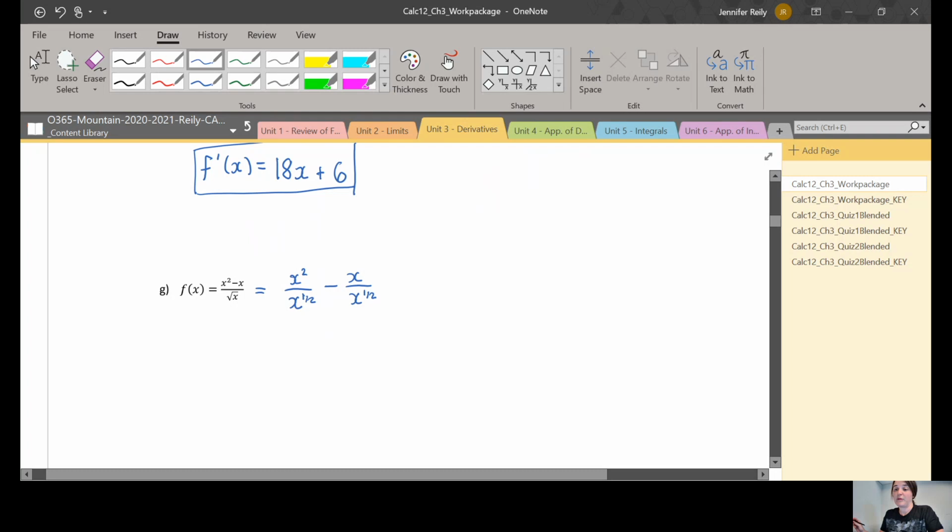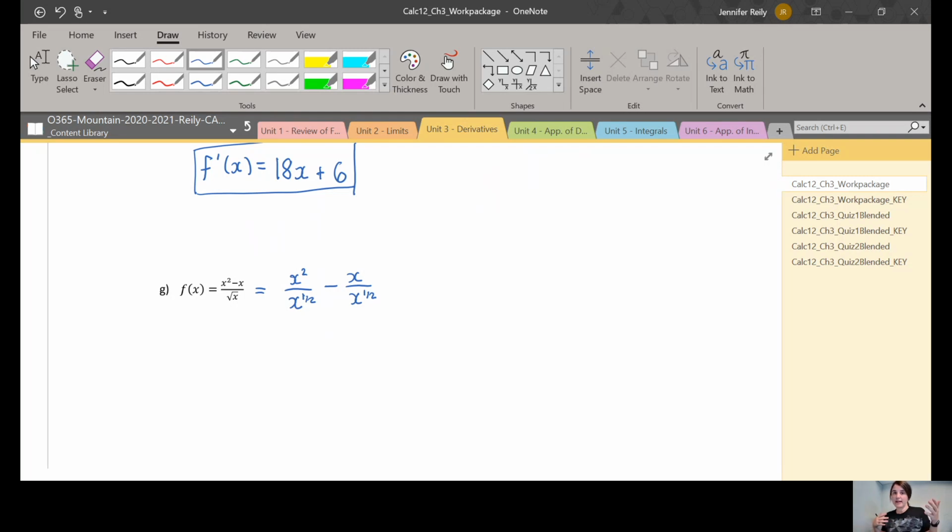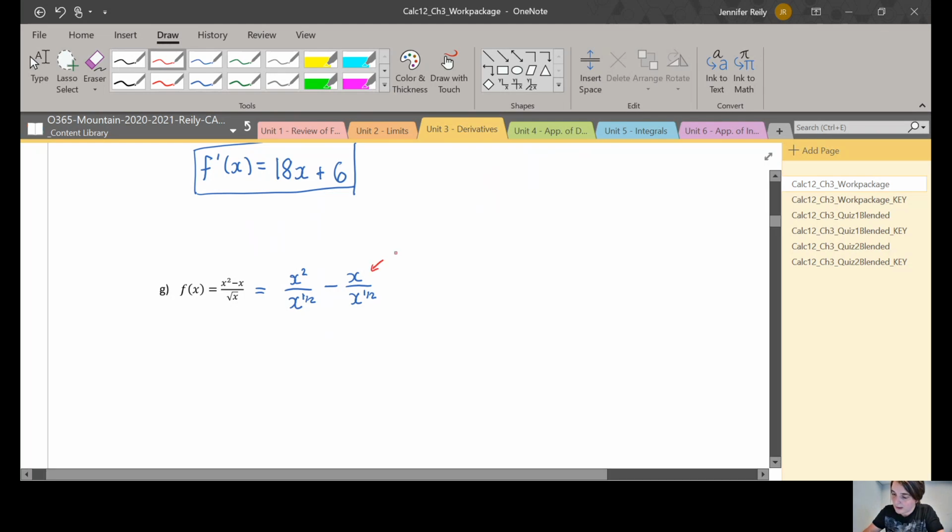And if you recall, one of our exponent rules is that when you're dividing powers of the same base, you can just subtract the exponents. I'm just going to write that here: subtract exponents when dividing powers of the same base, in case you forgot that.